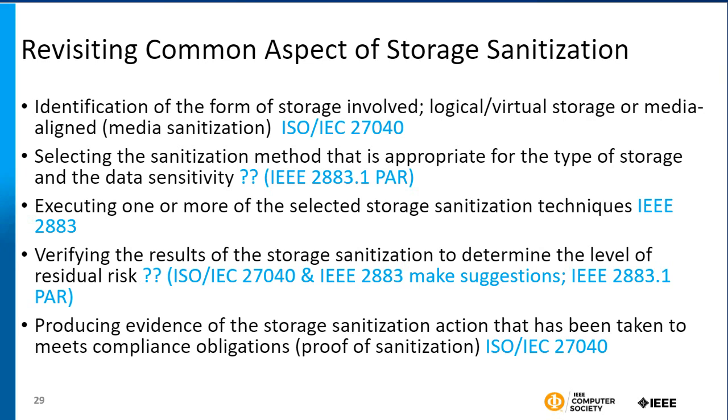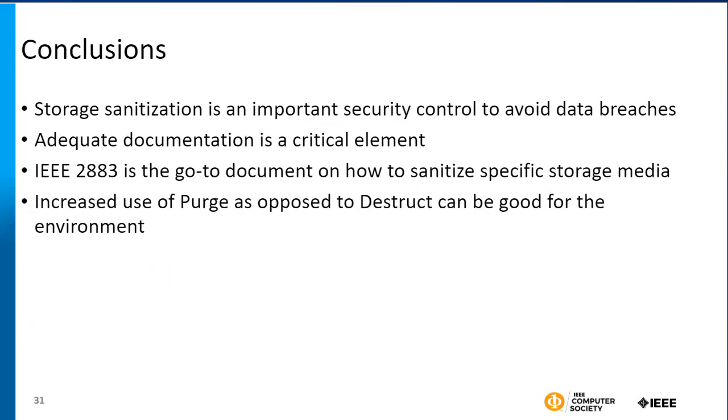With regard to verification, there is some content and some recommendations in both 27040 and 2883. But again, we think the new 2883.1 will cover this, as it is in scope of that new project authorization request. And then, of course, the proof of sanitization is definitely covered in 27040. So a few comments to sort of wrap things up here.